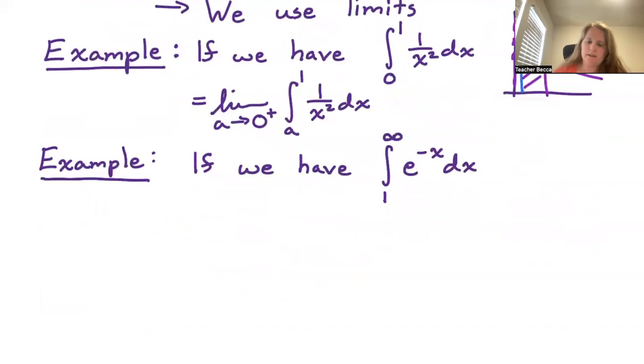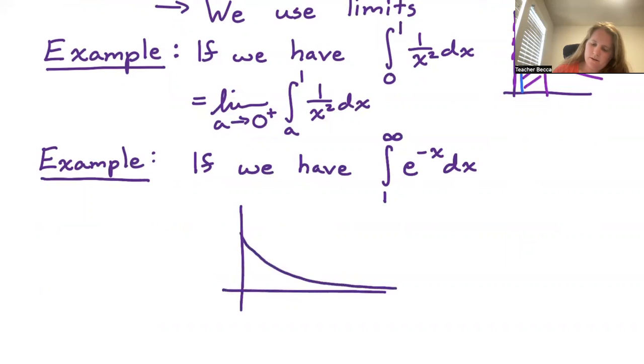So again, in this case, we're going on forever to the right. The fundamental theorem of calculus is supposed to look at a closed interval, not an open interval. Once again, we will pick a cutoff point, and then let our cutoff point go to the right.